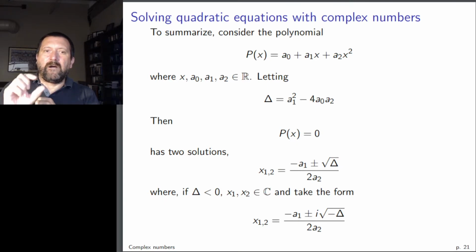So you see how allowing delta to be negative and using the imaginary i allows us to find two solutions.